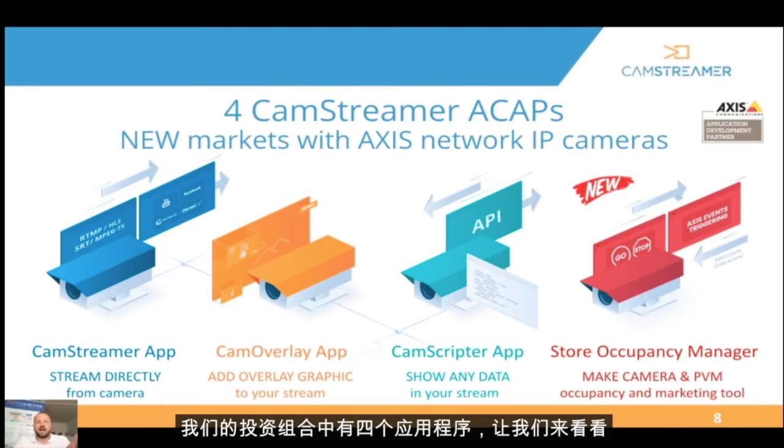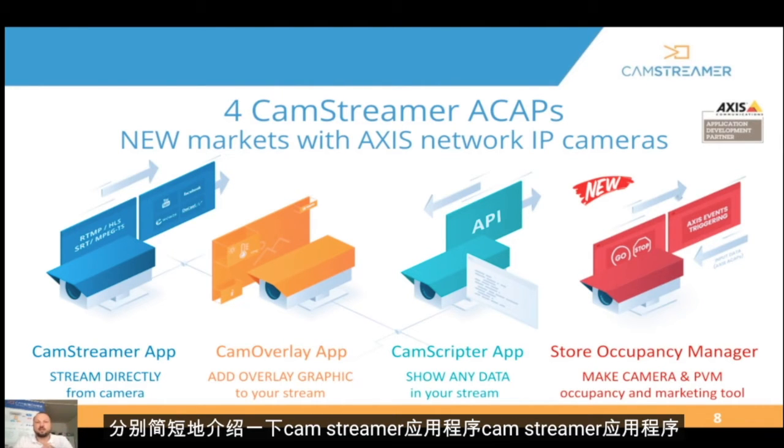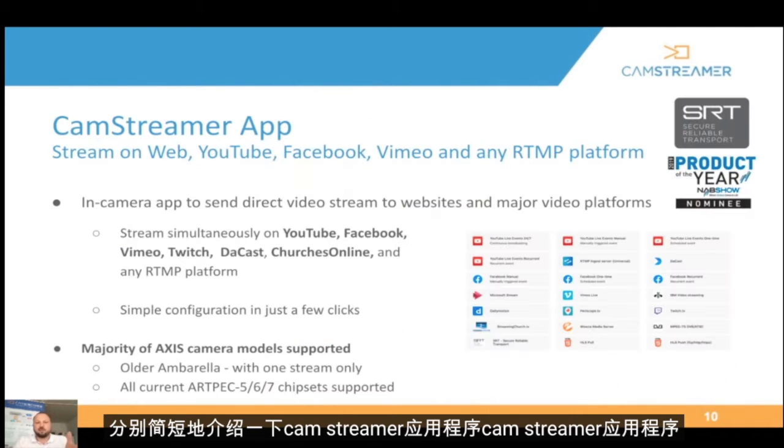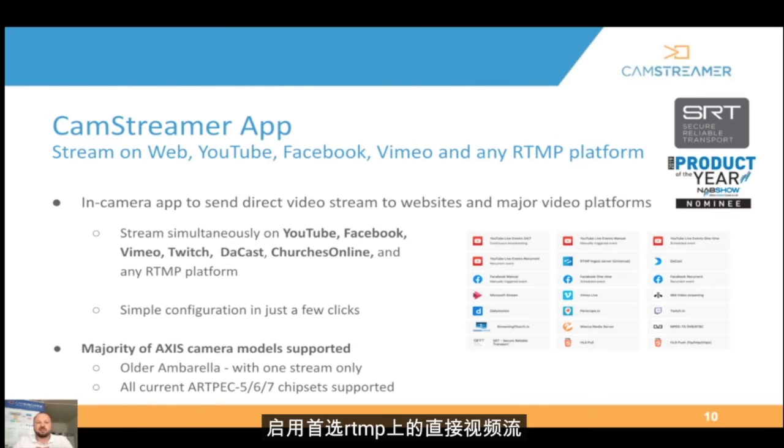We have 4 apps in our portfolio, so let's have a look at them one by one, separately and briefly. CamStreamer app enables direct video streaming to your preferred RTMP platform from the camera without the need of any OBS, Streamlabs, media center or any other hardware.